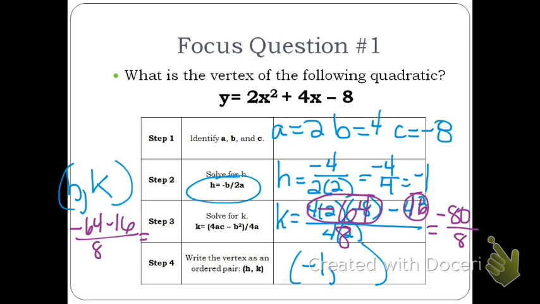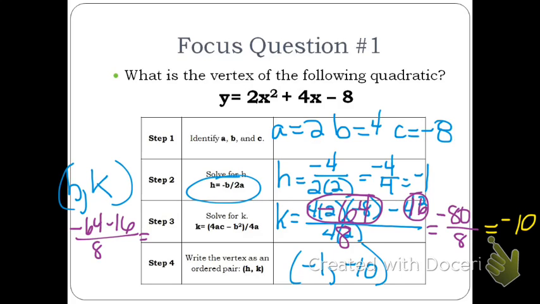And then that would equal, 80 divided by 8 is 10. A negative divided by a positive is still a negative though. Negative 10. And that would be your k value, negative 10.